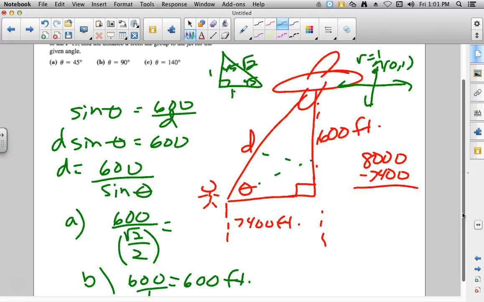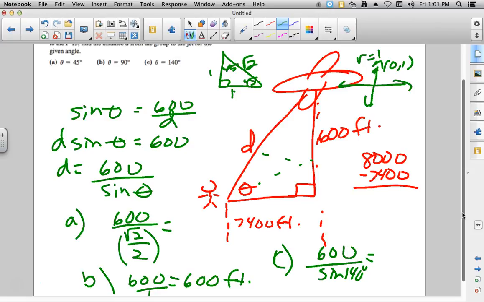And for the 140, you'll use your calculator for that one. So for C, we would take 600 and divide it by the sine of 140 degrees and crank this out on your calculator.